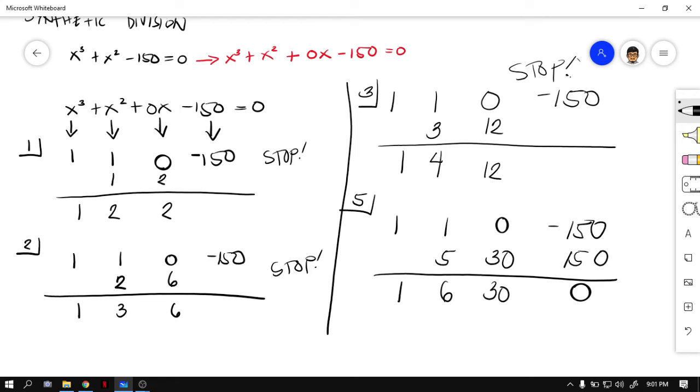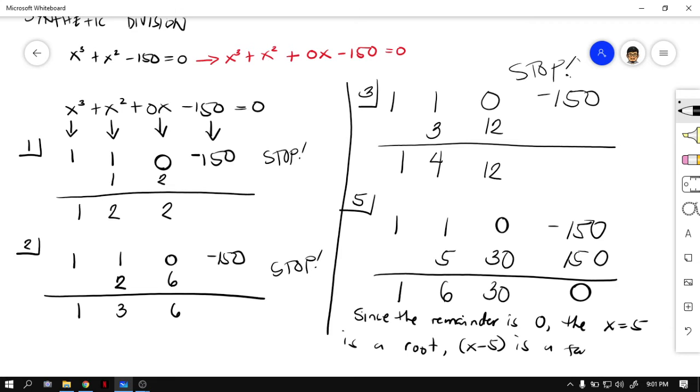Okay? So, since the remainder is 0, then x is equal to 5 is a root. And x minus 5 is a factor.